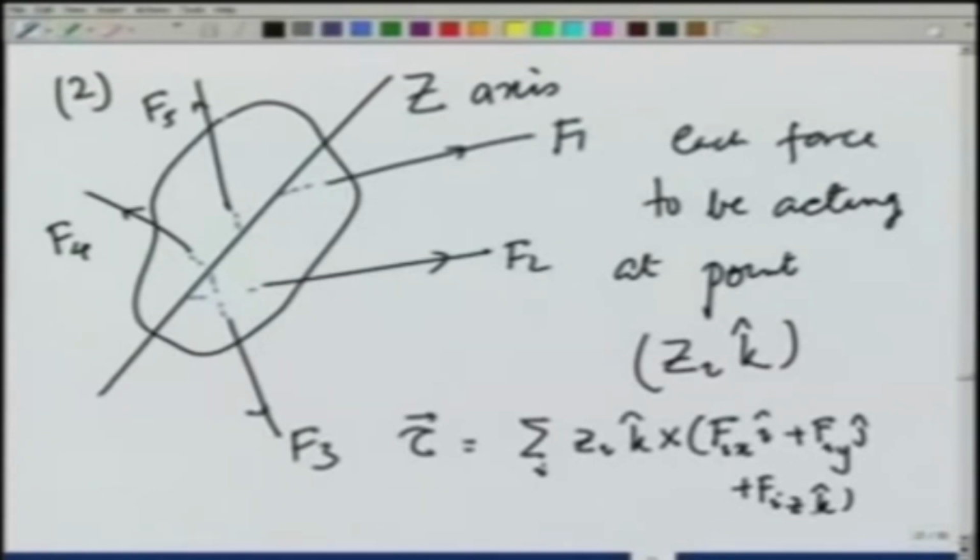And if I evaluate this, since k cross k is 0, you will see this comes out to be summation i z_i f_ix, k cross i is j, minus z_i f_iy, k cross j is i with a minus sign. So, the minus sign we have taken care of.